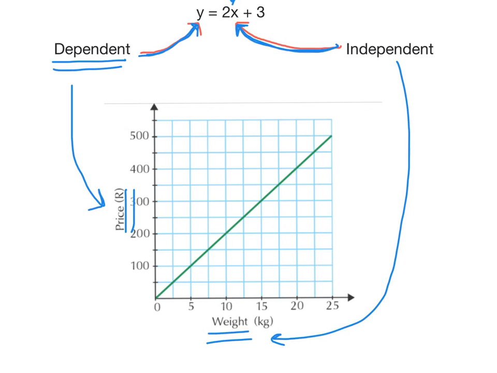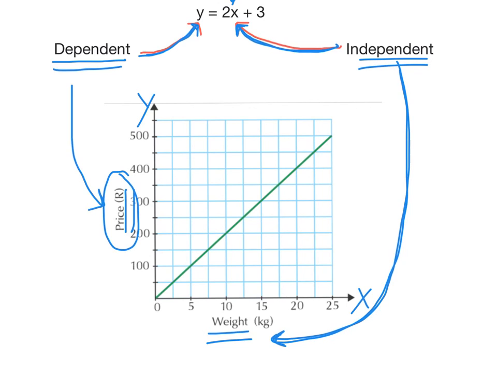So you're always going to find the dependent variable on the y-axis, on the up and down axis, the vertical axis. The independent variable will always be on the horizontal axis, which is the x-axis. Okay?